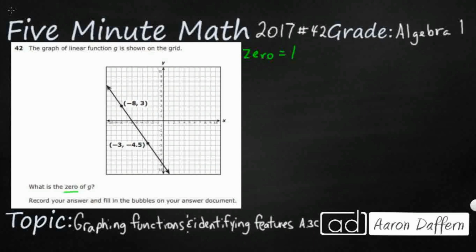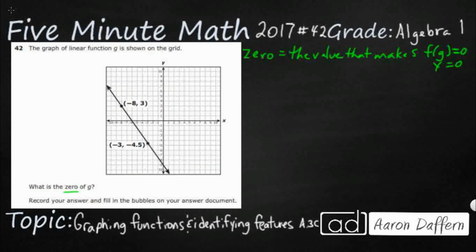So the 0 is the value that makes, in this case, since this is the function g, g of x equal to 0. So what happens when g of x equals 0? Typically, when we're looking at g of x, that's just another way of talking about the range. We can also talk about the range as y.